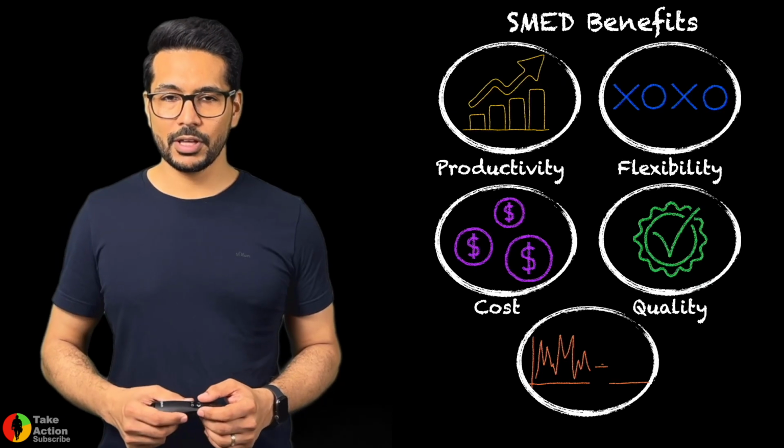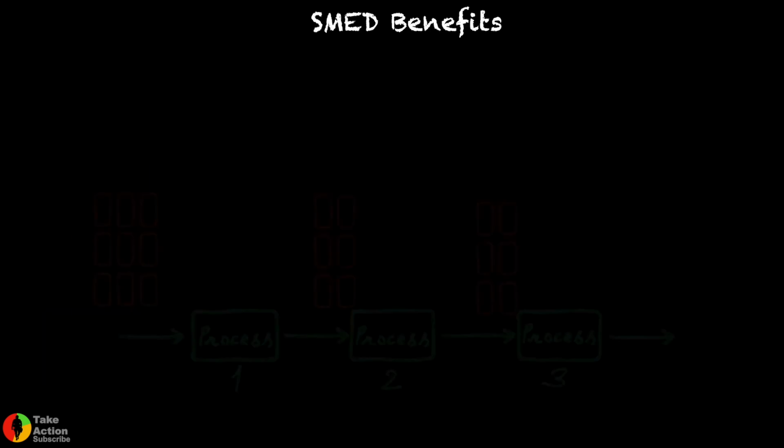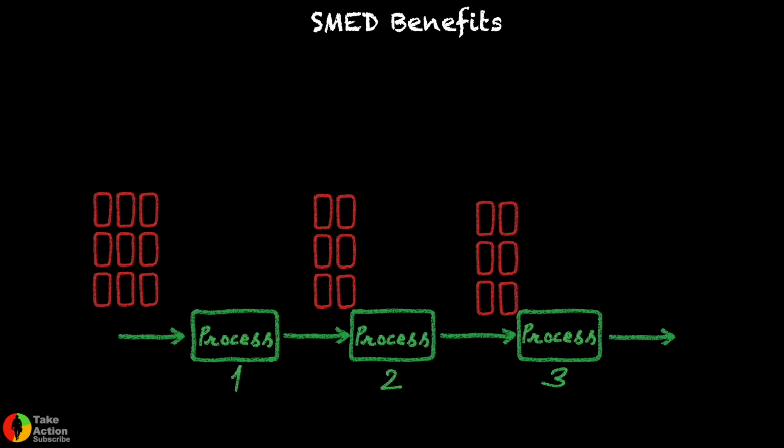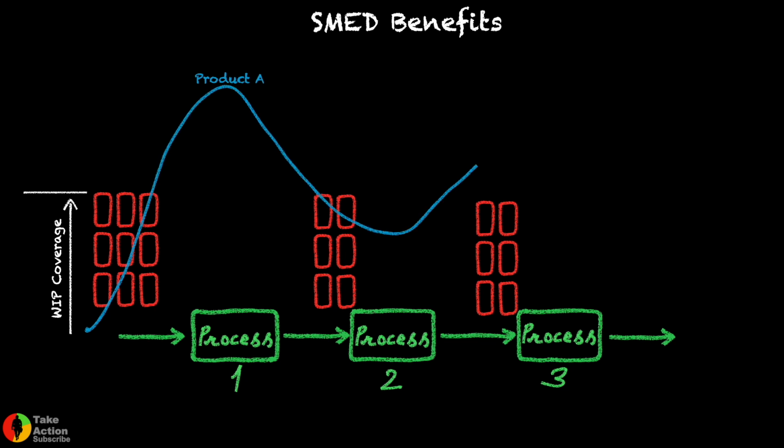The last benefit we have on the list is leveling. So we have reduced the lot size. The different parts in the production might have different bottleneck processes. Part type 1 might be bottlenecked at process 1, but the type 2 part might be bottlenecked at process number 2.